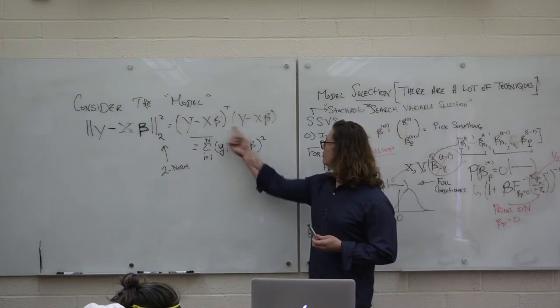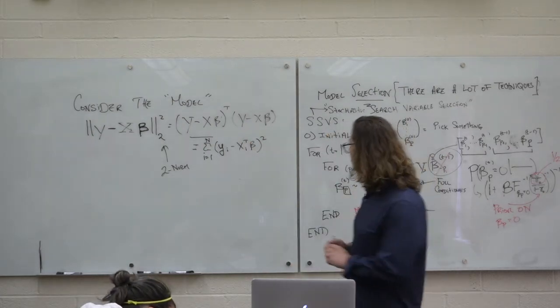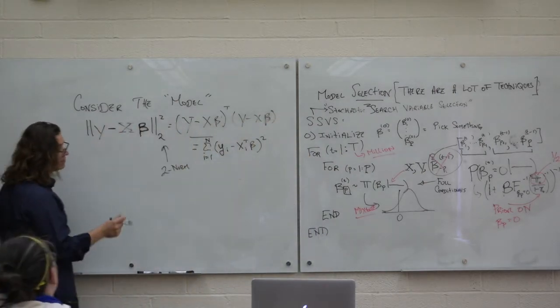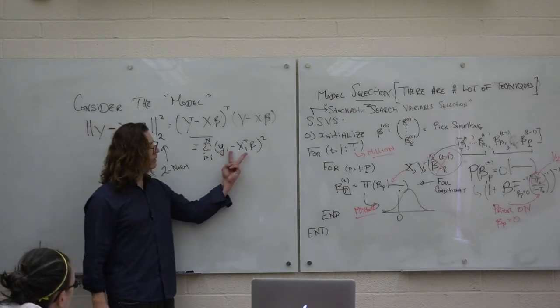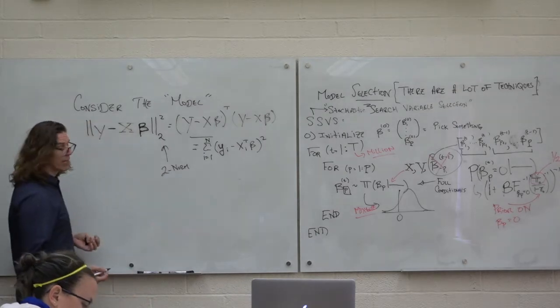So these are just sums of squared errors. Some people like to try to solve this problem. If you weren't a statistician, you might think, I can still come up with some good solution to try to minimize the difference between the yi's and the xi betas.